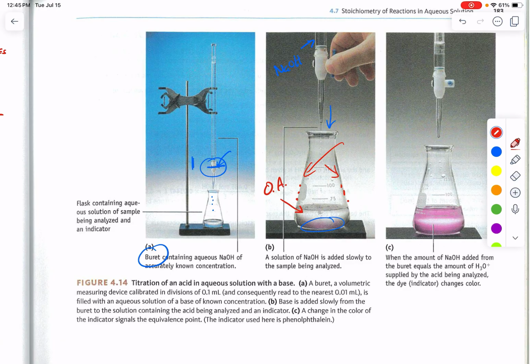Then if you keep it thoroughly mixed, there'll be some point at which one single drop of base will turn the solution pink, and it'll stay pink. It'll be a very, very light pink, not a dark pink. That's when you have correctly titrated your sodium hydroxide against your oxalic acid in solution.